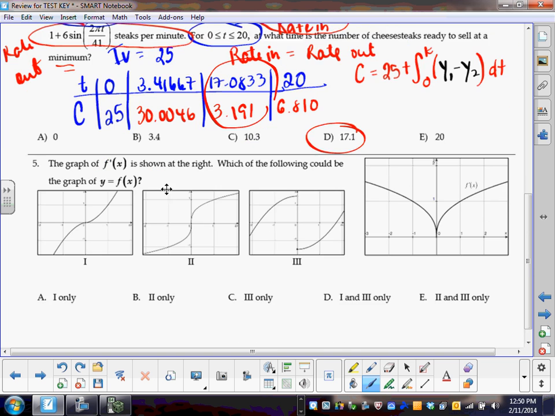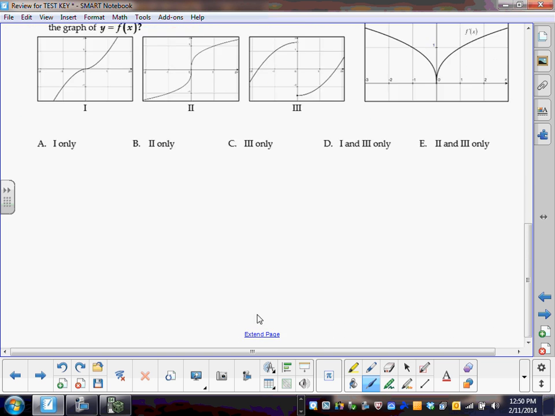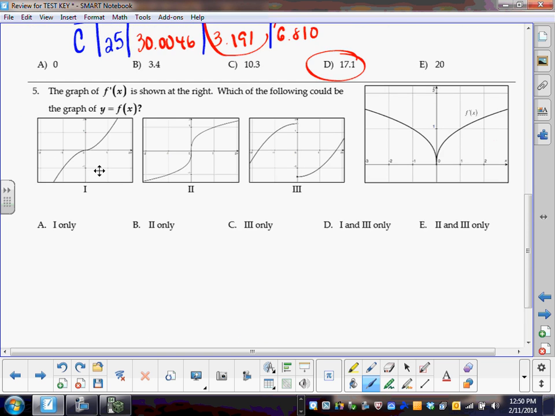Okay. The number 5 is actually one of the harder problems for people to get because they're showing you the graph of f prime. And f prime are the y values of this graph. And so which of these could be f? So what I like to think about on here is that f prime is positive, because of the y values. And then at 0, f prime is 0, because that's the value for f prime.